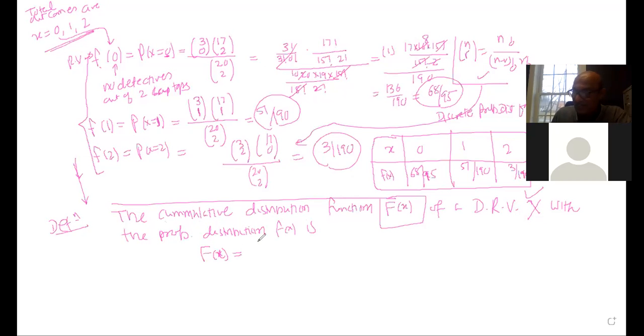Capital F of x is equal to P of X less than or equal to x, because we are counting for 0, then we add 0, then 1, then 2 all together. So that is equal to the summation of f of t, where t is less than or equal to x. That is called the cumulative discrete probability distribution.